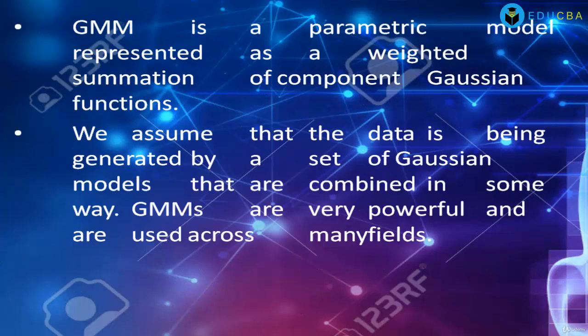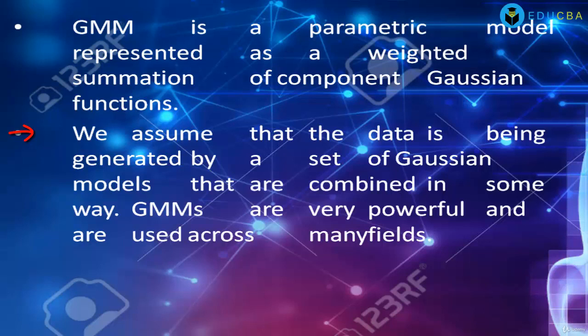Now what is GMM? GMM is a parametric model represented as a weighted summation of component Gaussian functions. We assume that the data is being generated by a set of Gaussian models that are combined in some way.